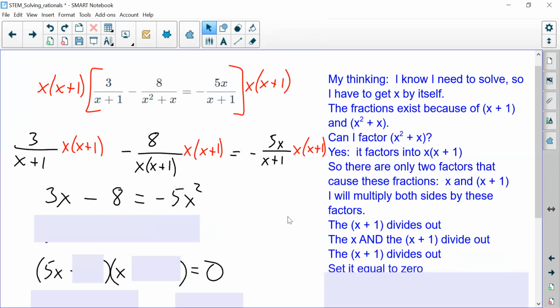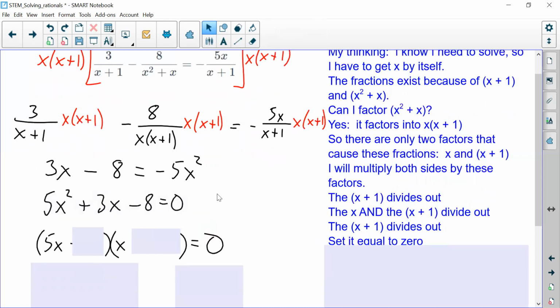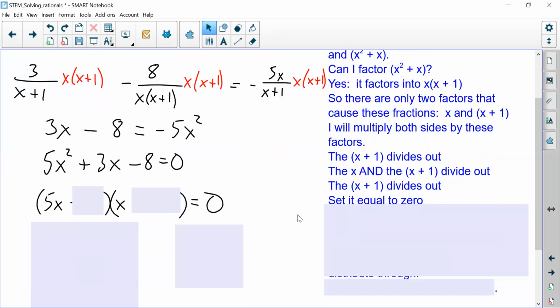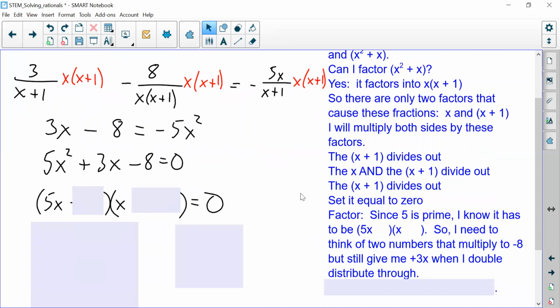Now I've got a quadratic, so I've got to set it equal to 0, adding 5x. And now I want to factor. Since 5 is prime, there are only two integers that can multiply to 5, and that is 5 and 1. So if this factors, it's going to factor into 5x and 1x.